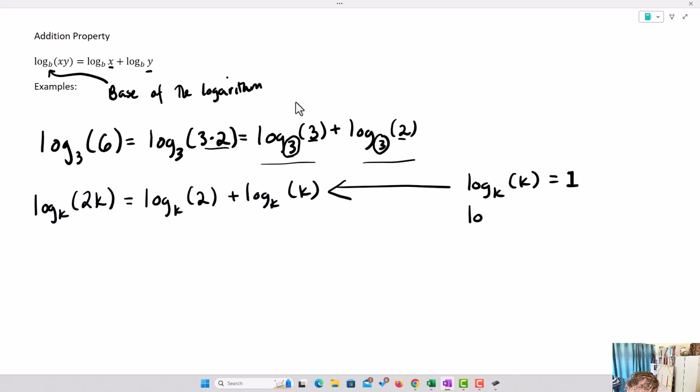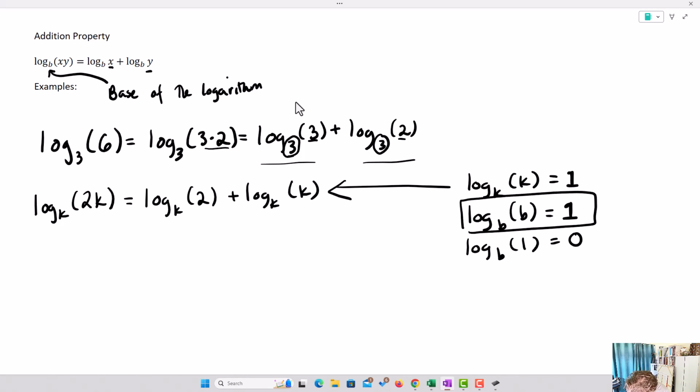In fact, this is another property where you just want to write this down. Log base b of b is going to end up equaling 1 each and every time. We'll also notice that log base b of 1 is going to end up equaling 0. So we'll add in these two properties, because they may actually come in handy for us a little bit later. So we've looked at expanding.